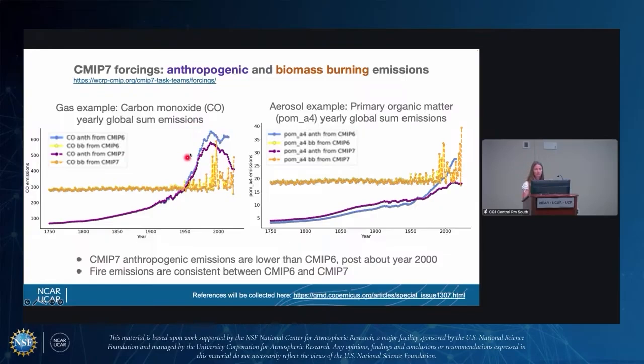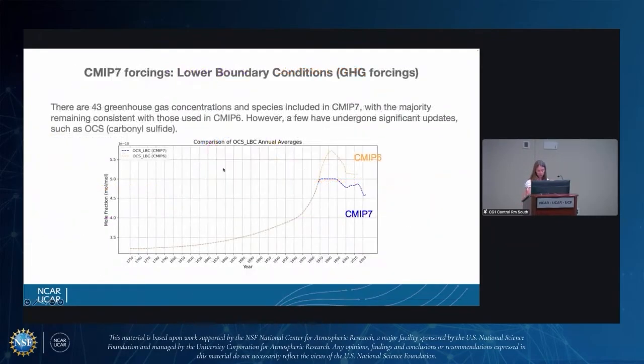The old CMIP6 data were a bit higher than what we're going to see now in the new data sets. Differences are also shown in aerosols, like here primary organic matter. We do see some changes in the emissions, which will be very interesting to see what the impact will be on ozone and forcings.